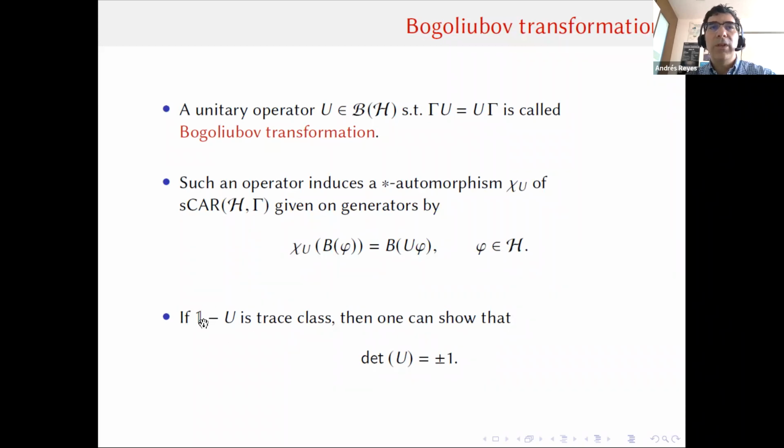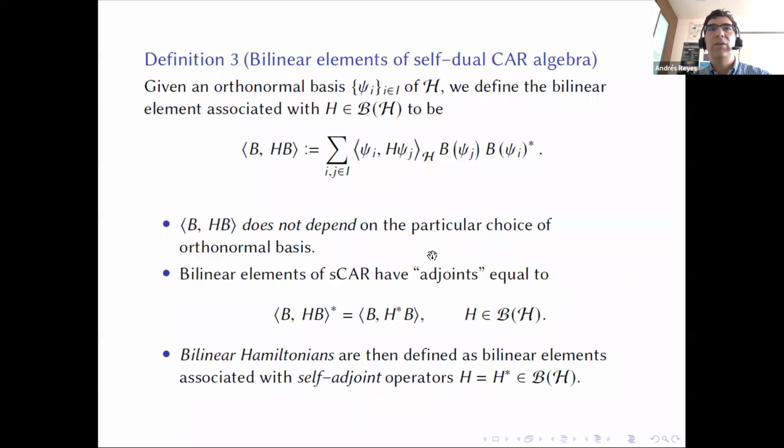Another important fact is that if 1 minus u is a trace class operator, then its determinant can be defined and computed, and it can only be plus or minus 1. And this will be important for the definition of the index.